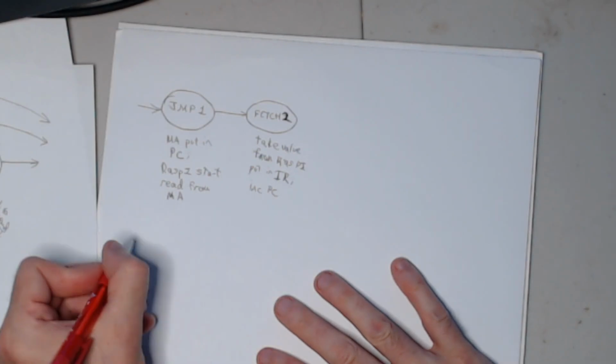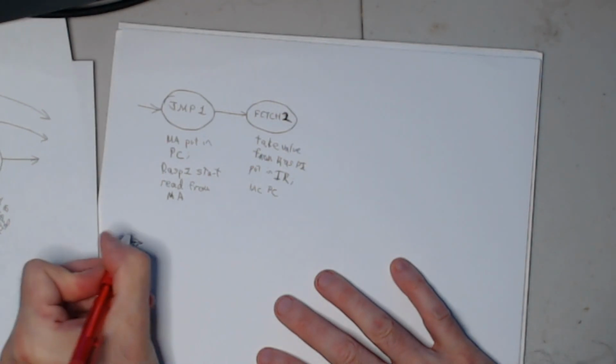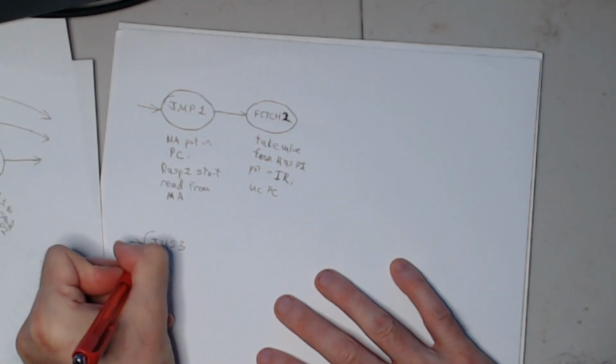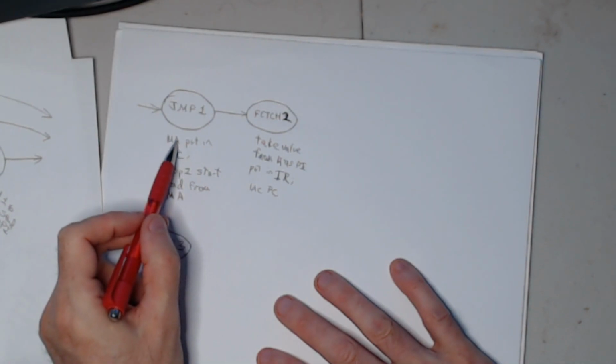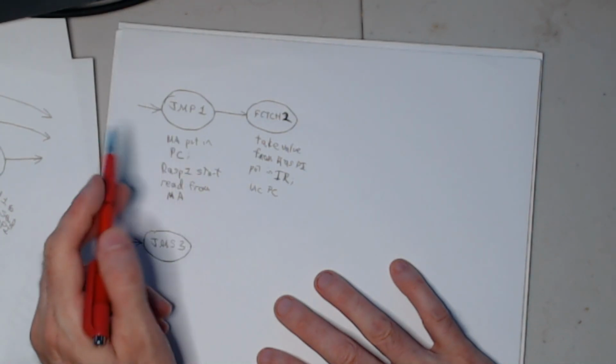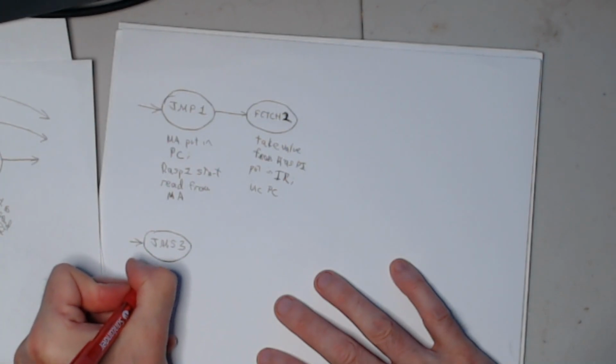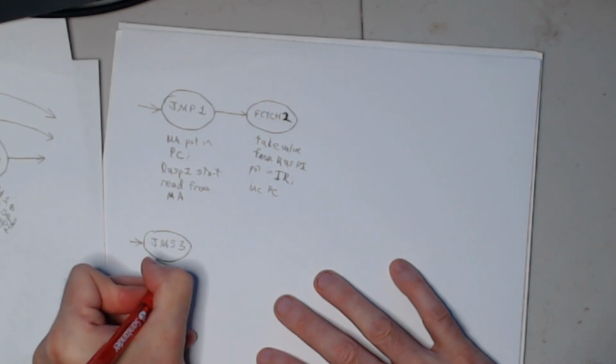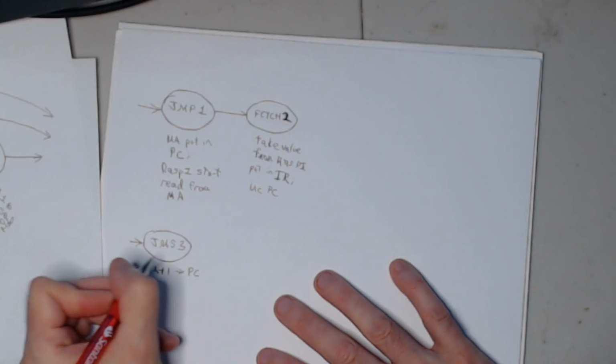And you can do the same with the JMS3 cycle. It's in essence doing the same thing. It's putting the memory address register plus 1. That's all, MA plus 1. So it's incremented the MA register plus 1, sticks that in the program counter.